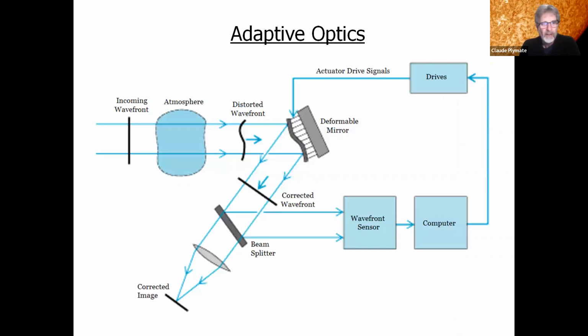Okay, now here is a cartoon showing the basic functionality of an adaptive optics bench. What we have is an essentially perfectly flat wavefront coming in, passing through the atmosphere, becoming aberrated into some random wiggly wobbly shape.